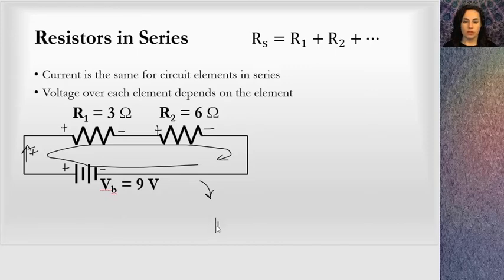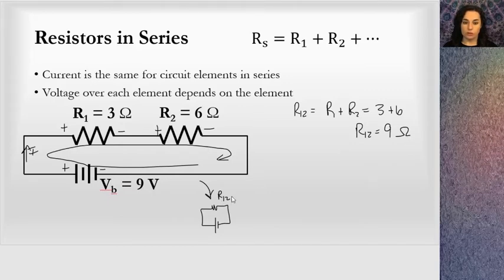There's the long plate and the short plate of the battery. Here's R12. And I can write this out. R12 equals R1 plus R2. Well, I can see the values. R1 is 3, R2 is 6, and so I get R12 equals 9 ohms.